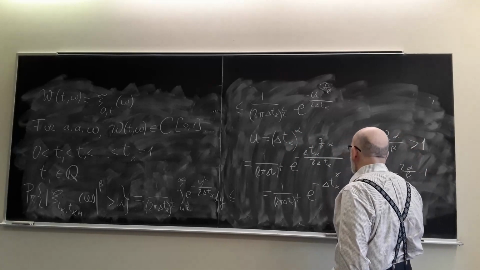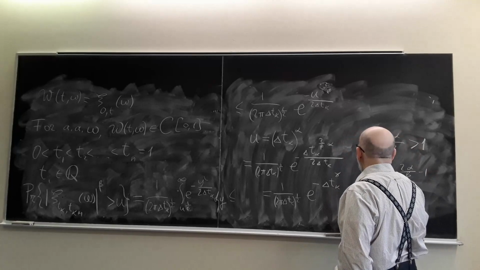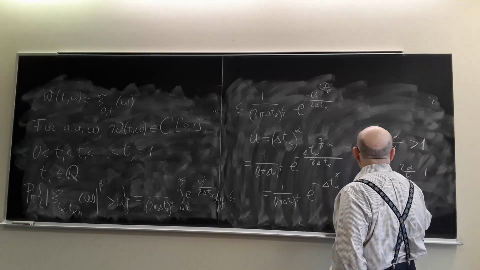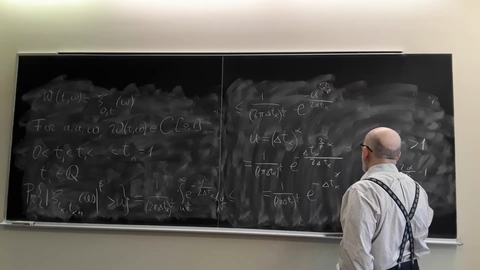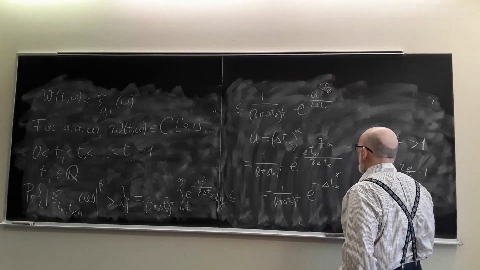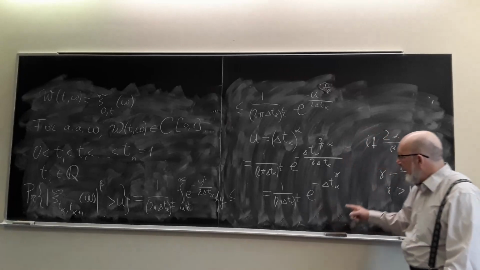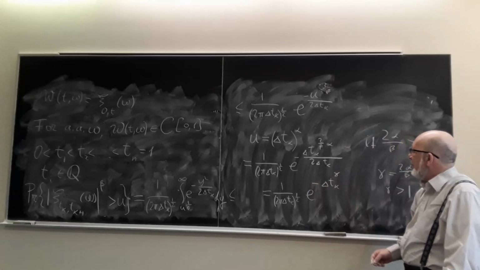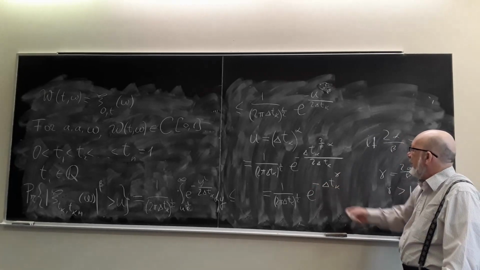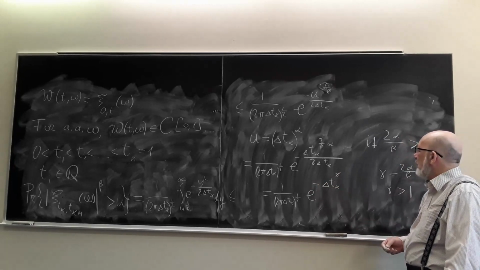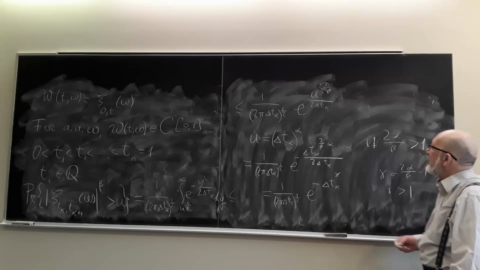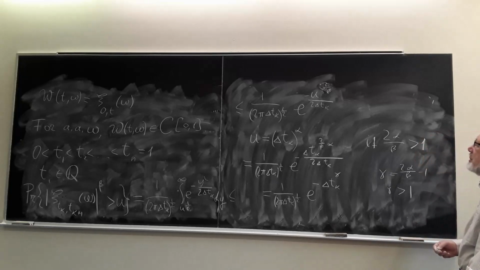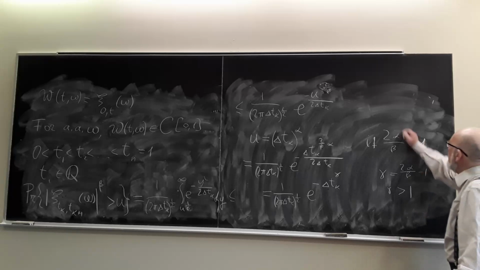Certainly that gamma is more than 1. And now you see that this function decreases so fast when delta t_k goes to zero. Just a minute, no, it should be less than 1.